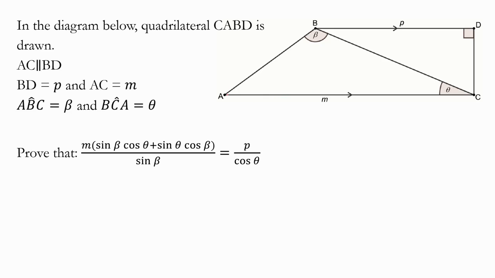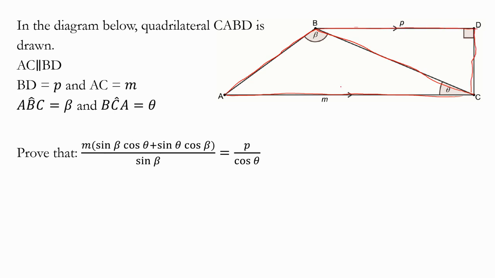We have triangle ABC, which is not a right angle triangle. And then we have triangle BDC, which is a right angle triangle.